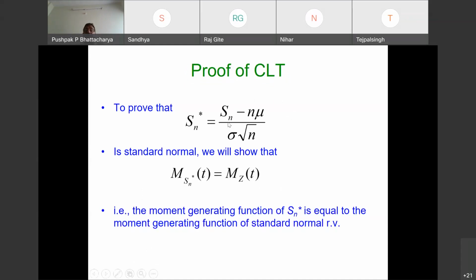And Sn star is Sn minus n mu by sigma root n. All we are doing is subtracting the mu and dividing it by the standard deviation. We have to show that this is standard normal, and to do so, we have to show that the moment generating function of this is e to the power t squared by 2 as n tends to infinity. This is the goal.